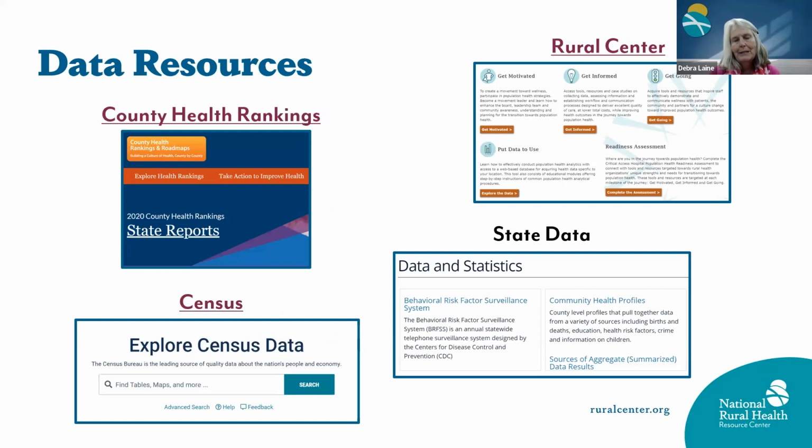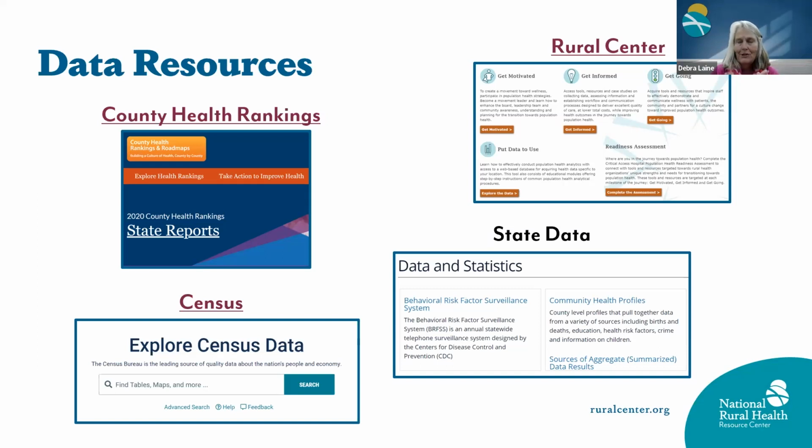And some of those places to be looking for secondary data are county health rankings. Our website, ruralcenter.org, has some wonderful data on it. We can use census data. And I found in my work with multiple states that either the State Office of Rural Health or sometimes your state's public health department have depositories of data, and they can be accessed.